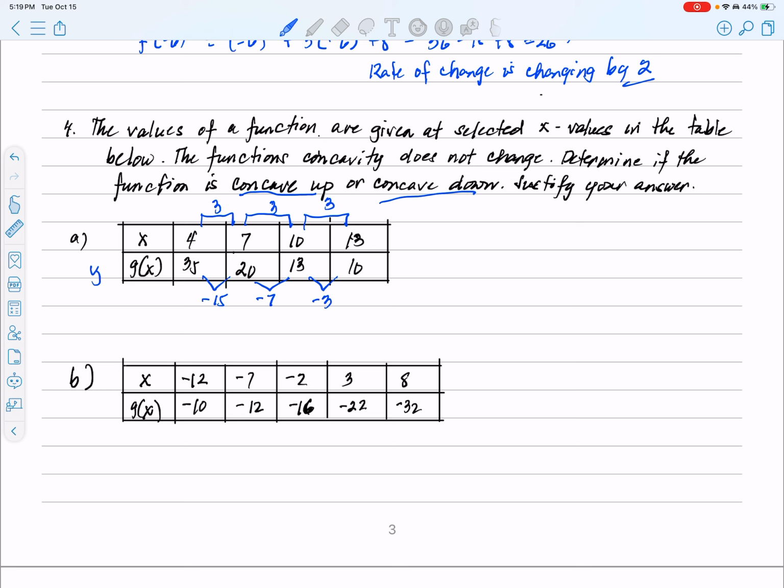This is your first difference. Okay. So, what can you say about it? Negative 15, negative 7, negative 3.